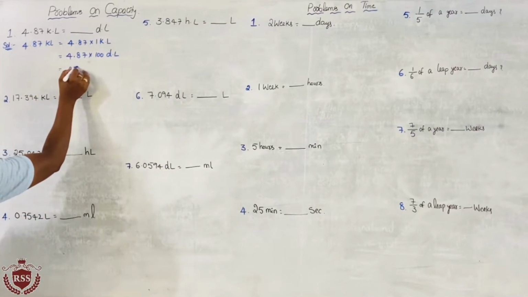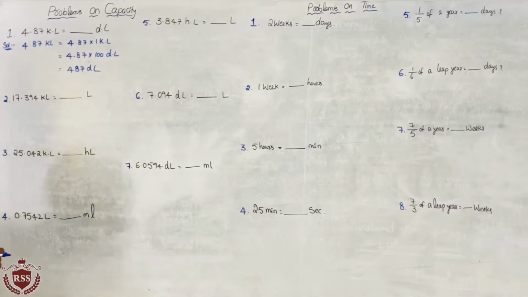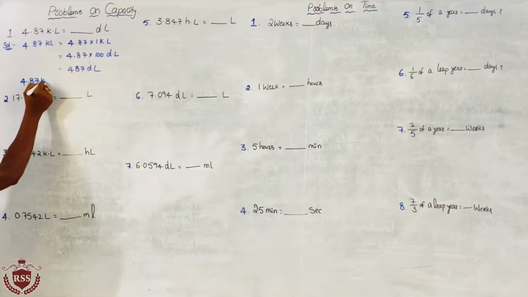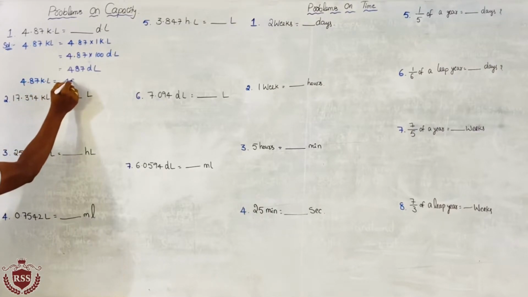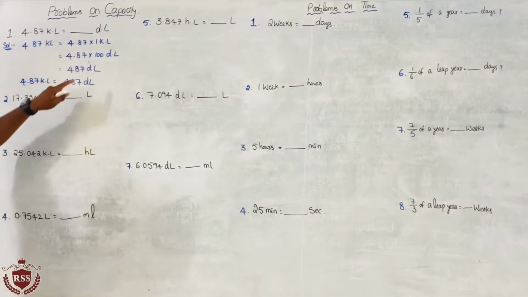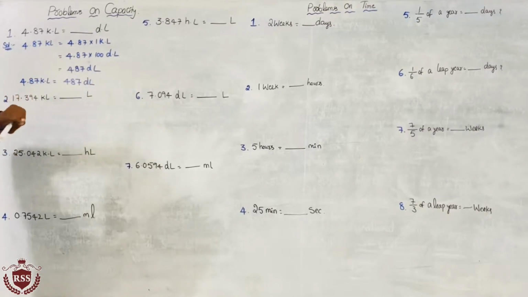So it will be 487 decaliters, which means 4.87 kiloliters equals 487 decaliters. Just simply we need to substitute the value of 1 kiloliter in terms of decaliters and we will get the answer.